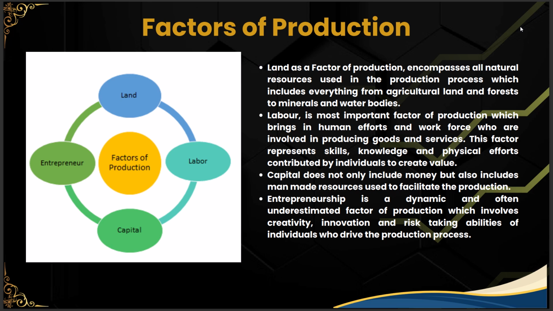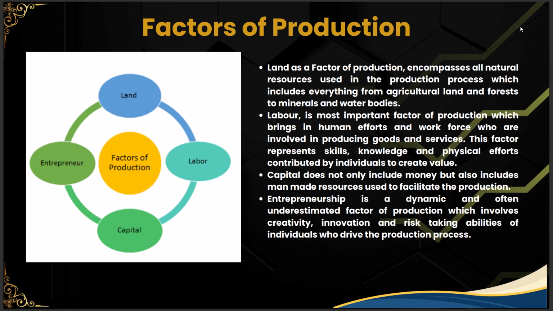It encompasses all natural resources used in the production process, like agricultural land, forests, minerals, water bodies, everything. Land is a very important source because it provides the foundation upon which many industries or even agriculture thrives.